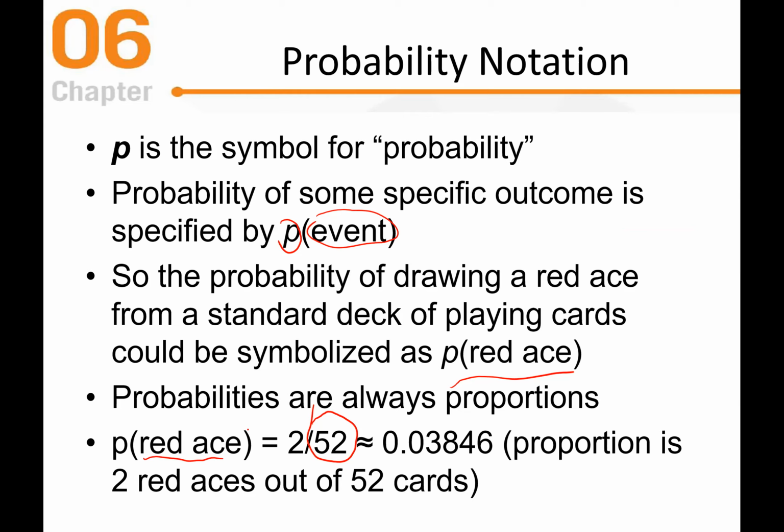There are two: the ace of hearts and the ace of diamonds. So that means it would be 2 out of 52. Stated as a proportion or a decimal, it's 2 divided by 52, which gives us 0.03846. If we just state it as a proportion, it would be 2 red aces out of 52 cards.